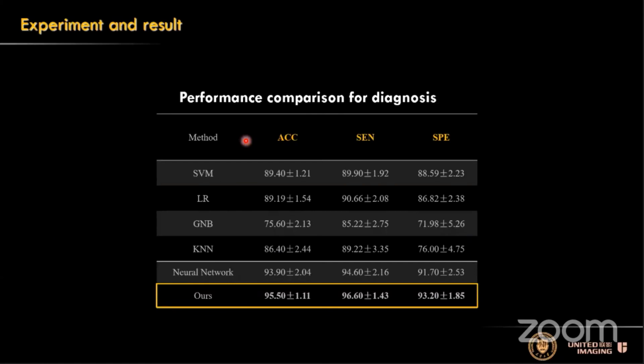So we conduct experiments on different baseline classification models with the original features. We just concatenated all the original features together, and then used our learned latent representations. We compare them.